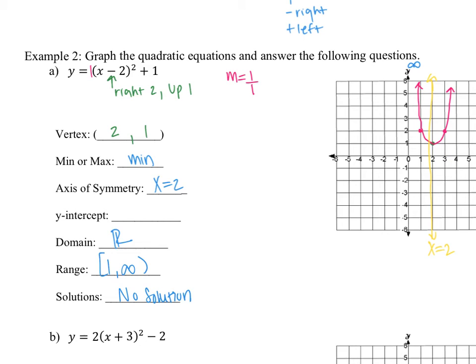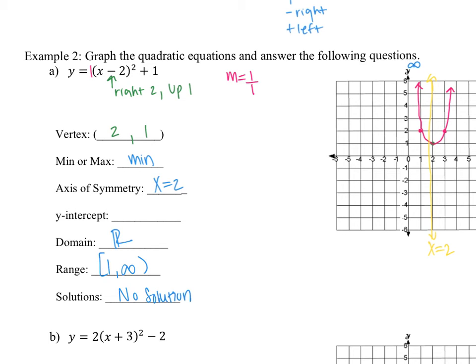When I plug in 3 into the x here, 3 minus 2 is 1. 1 squared is positive 1, plus 1 is 2. And notice at 3, it does hit at 2. But my prediction is saying that if I were to plug in 4, it would hit here if I were to go up 1 over 1.